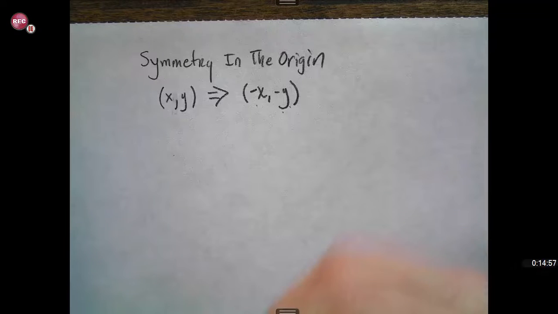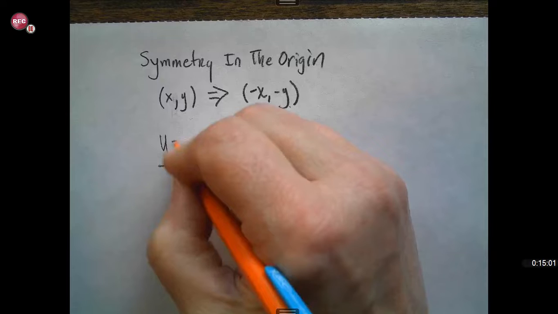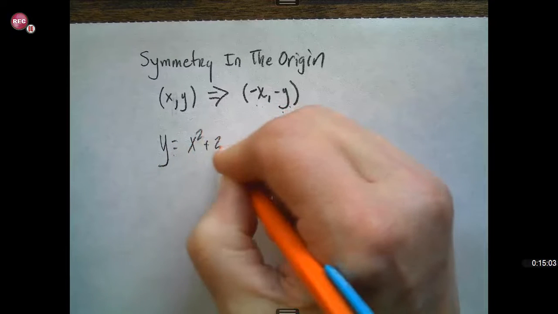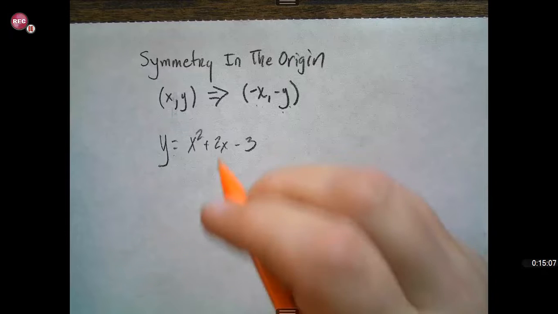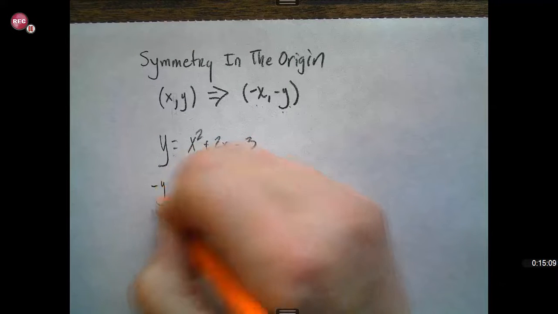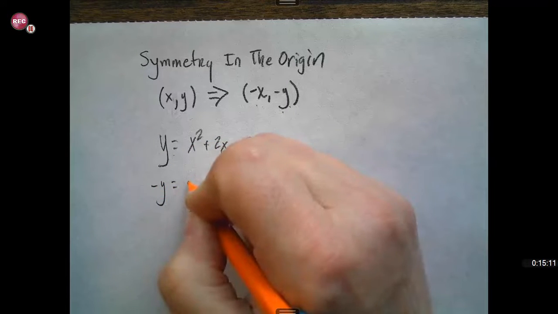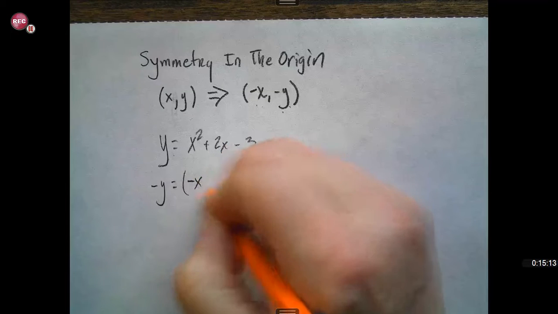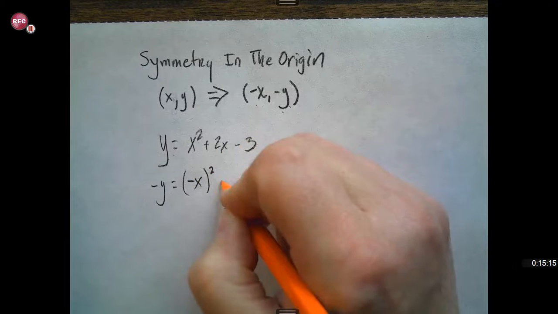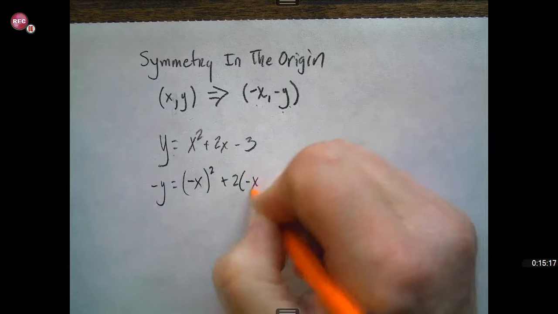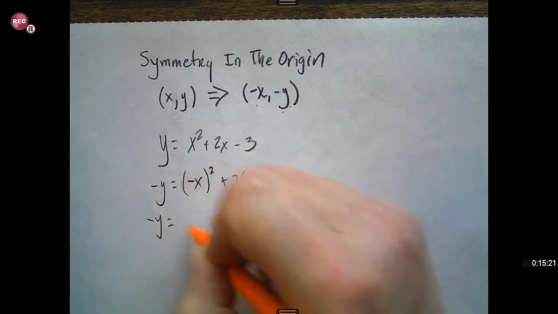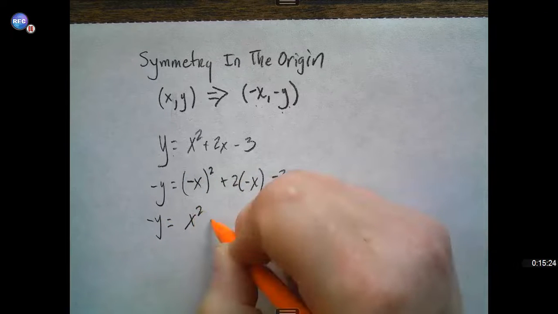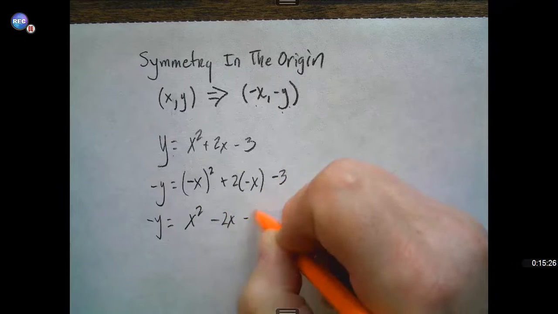So if we use my same example, y equals x squared plus 2x minus 3, and I check for symmetry in the origin, that means I'm plugging in minus y for y and minus x for x. And so I get minus y equals x squared minus 2x minus 3.